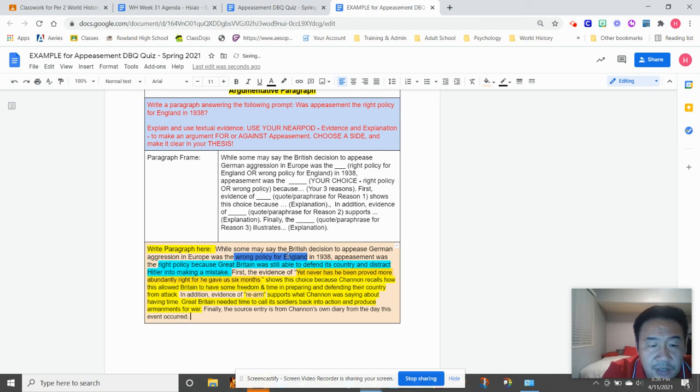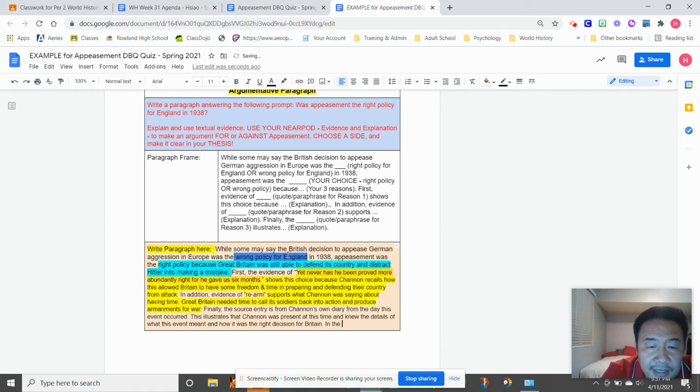And what does that mean? It means that this illustrates that Channon was present at this time, knew details, what this event meant, and how it was the right decision for Britain.